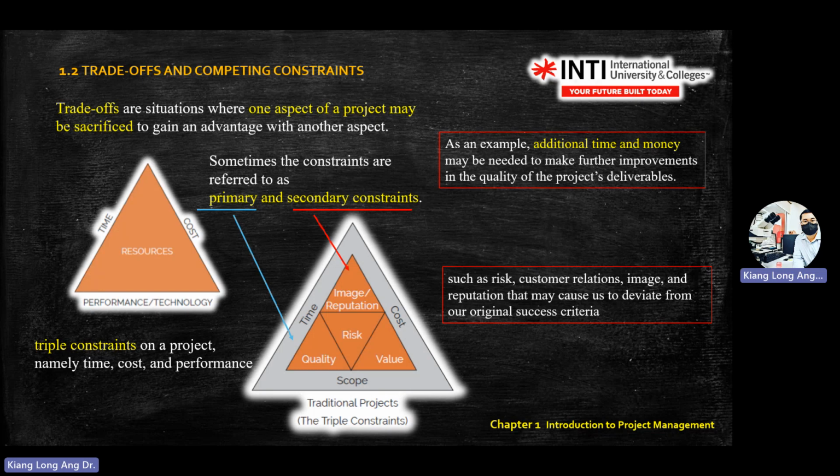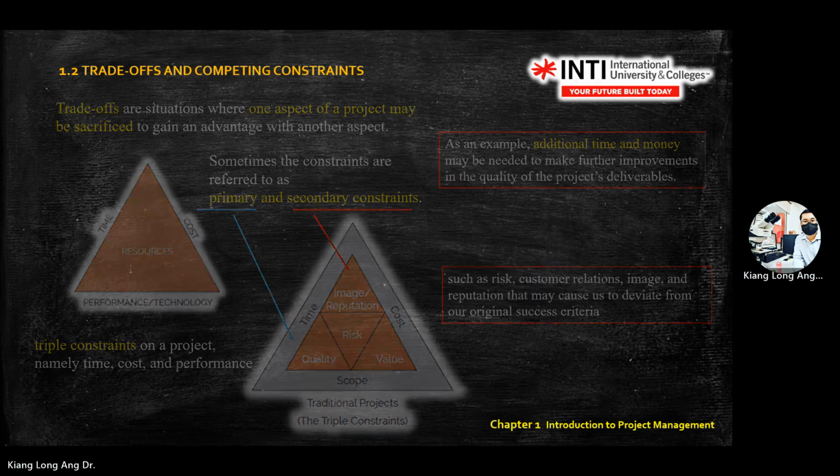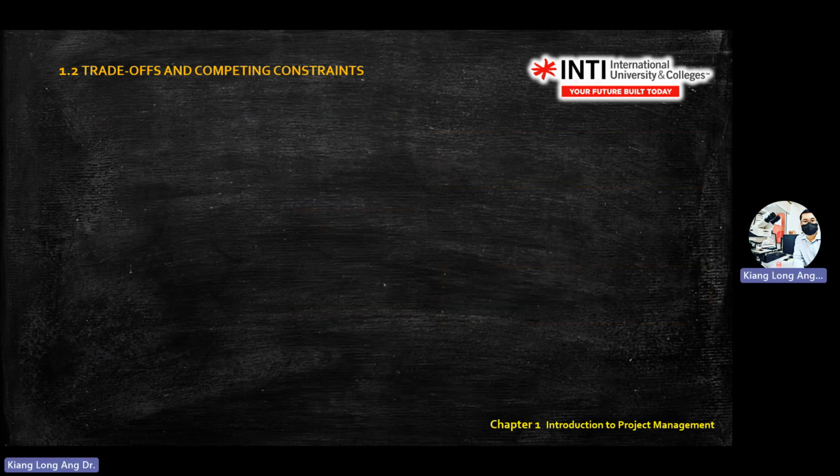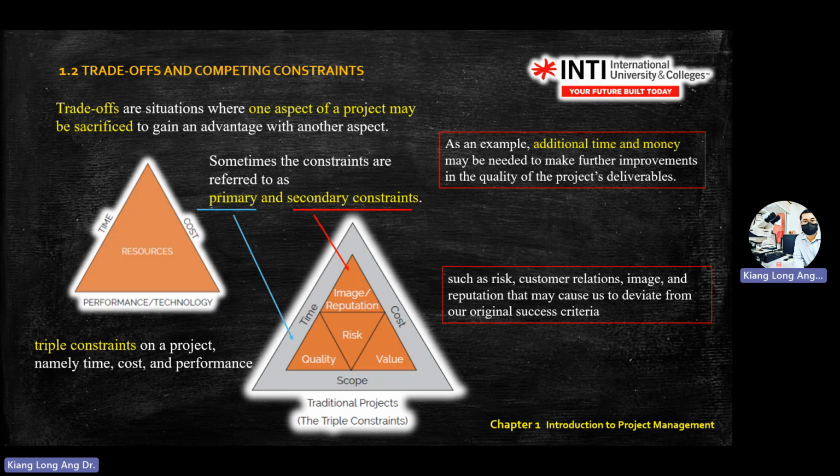Sometimes it's culture, sometimes other things, such as risk, customer relationship, image, reputation, and all this. Again, what is important here is that you know there are primary and secondary constraints.